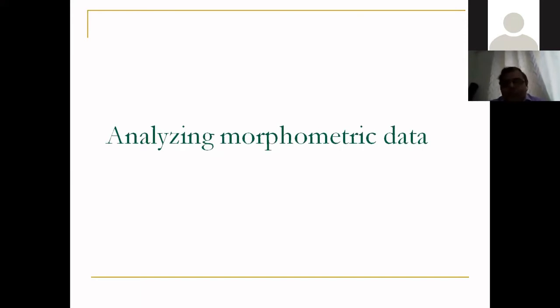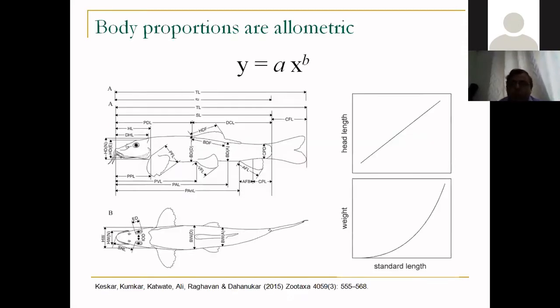So let's see what kind of hypothesis we can put forth, and how we test it in analyzing morphometric data. I'll take an example, and obviously I'll mainly talk about fish. So let us suppose we have some fish over here, and we are trying to understand whether morphologically the different organisms are significantly different from each other or not.